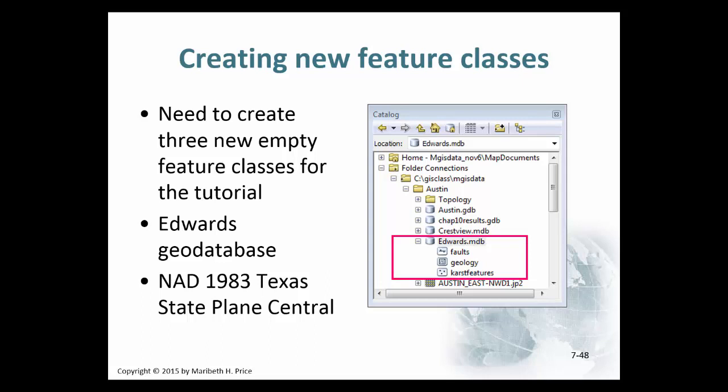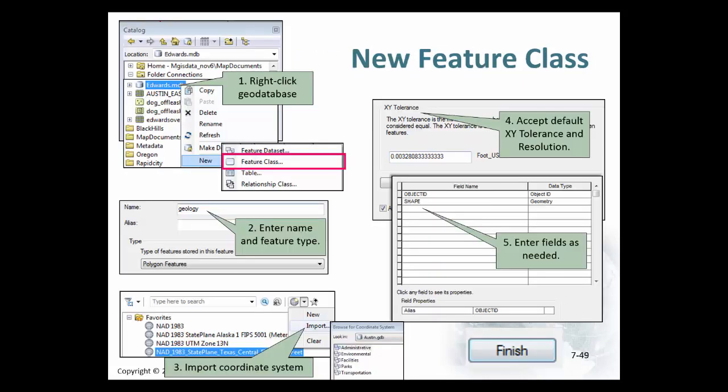ArcCatalog, in my opinion, is the easiest means to create new feature classes. In ArcCatalog, you would right-click on your geodatabase and select New Feature Class from the context menu.